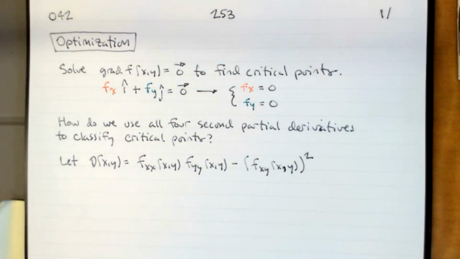So we're going to define this function, D of x,y, to be fxx times fyy minus fxy squared. Note that this seems to only involve three of our four partial derivatives.